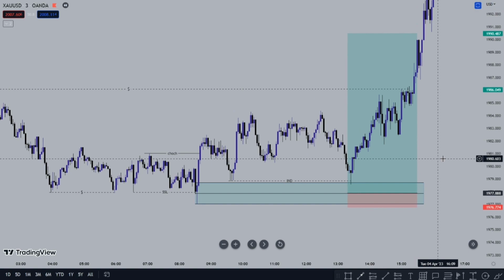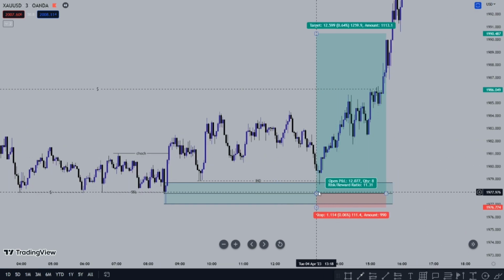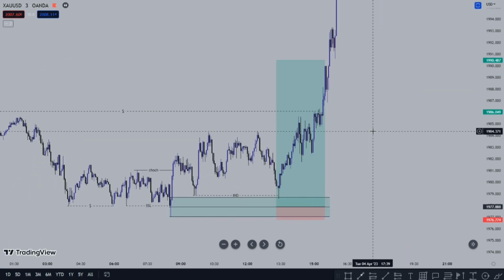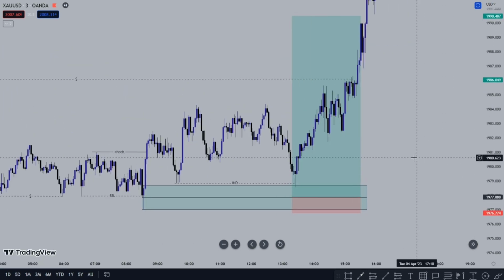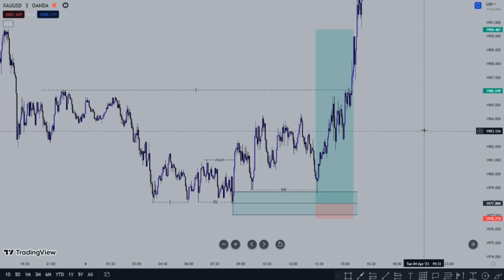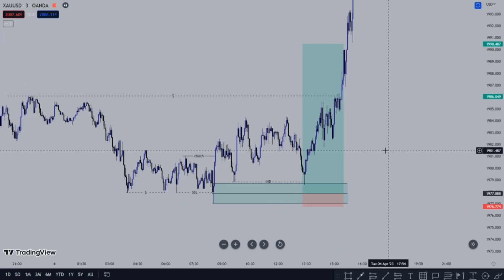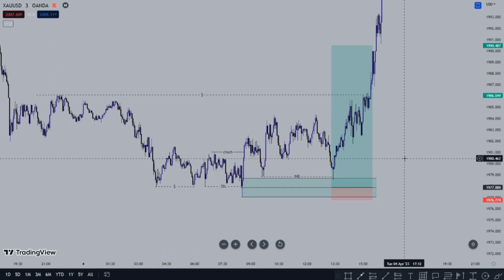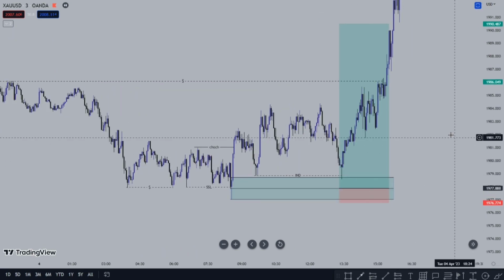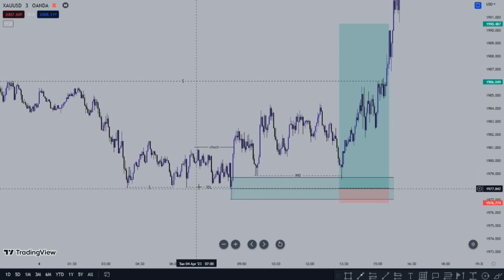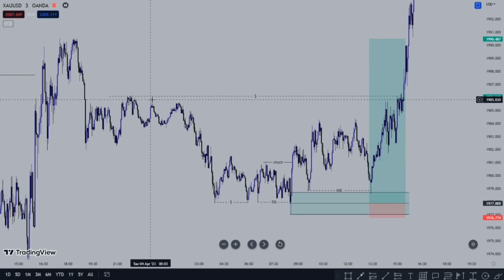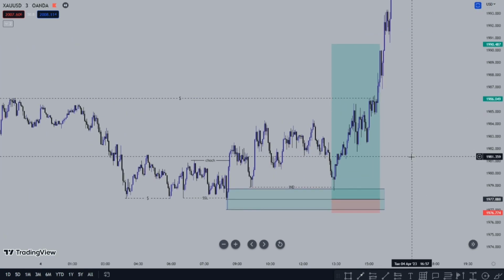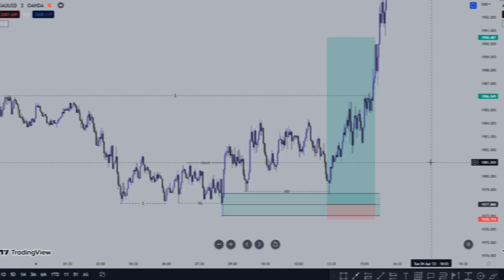And what happened next? Price didn't mitigate my zone and hit the target, but it's alright. Some of the members actually took this trade, and I'm not sad because I missed this. I know my analysis is right. I know I was not liquidity like traders here or traders here. So let's move to another pair so I can show you how I take my entries.